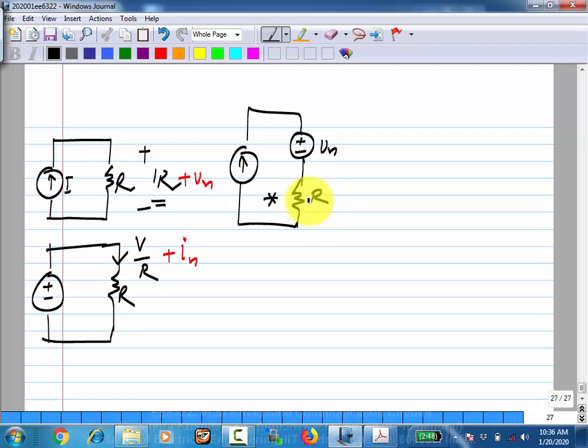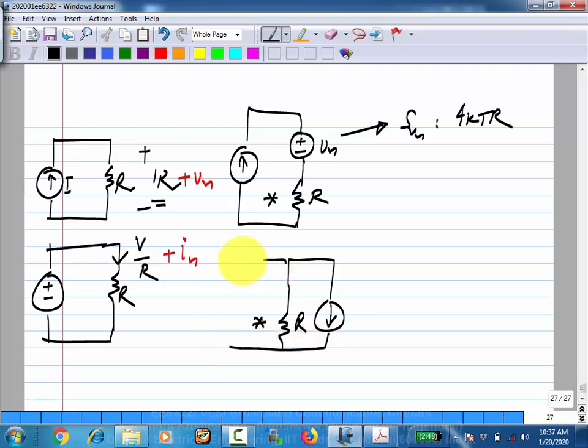So this has a spectral density of 4kTR. Similarly, if you want to use this model, you have a noiseless resistor of value R and a current IN whose spectral density is 4kT divided by R. So you model these noise components as an additional current source or a voltage source.